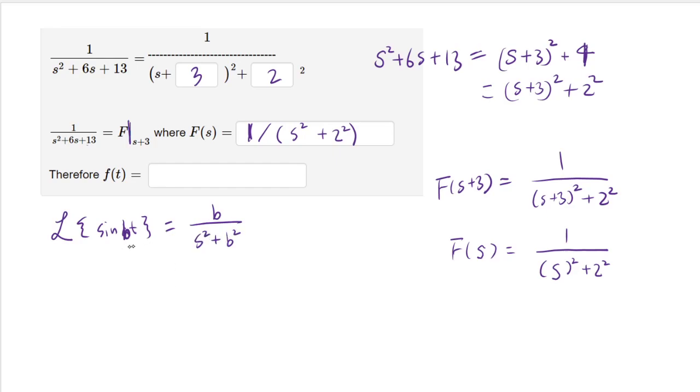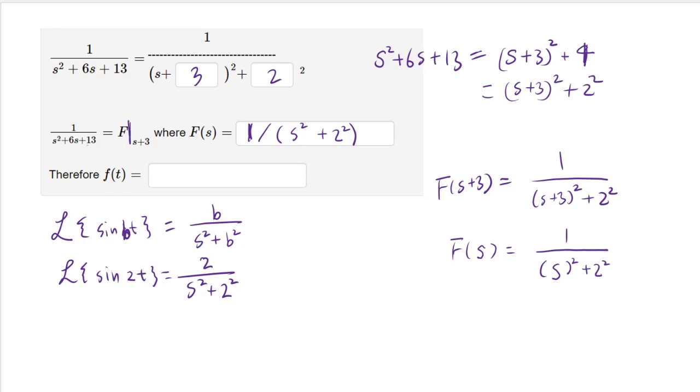And you can find this formula in any Laplace table. And for our specific case, because you have this 2 in here, we should think of the Laplace transform of sine 2t equals 2 over s squared plus 2 squared.